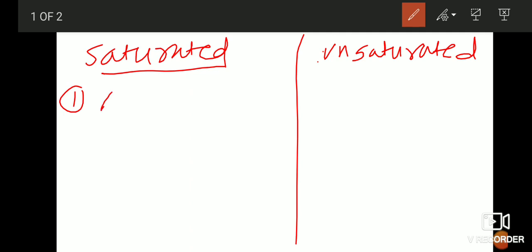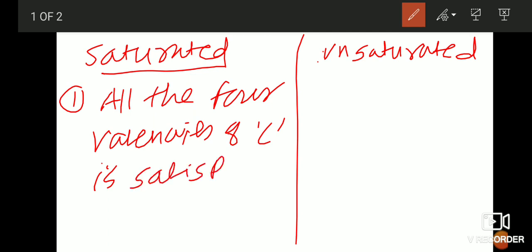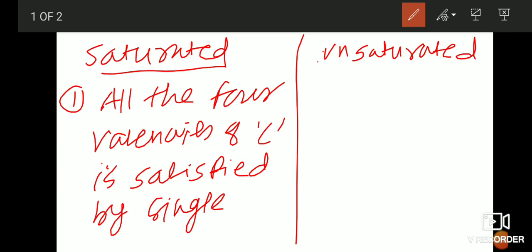So we can write here, all the four valencies of carbon are satisfied by single covalent bond.